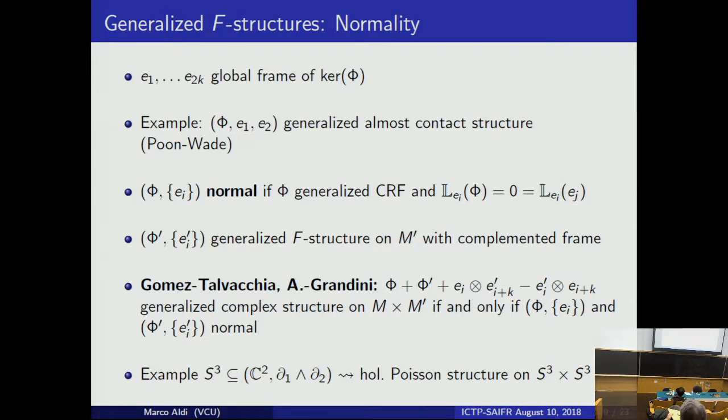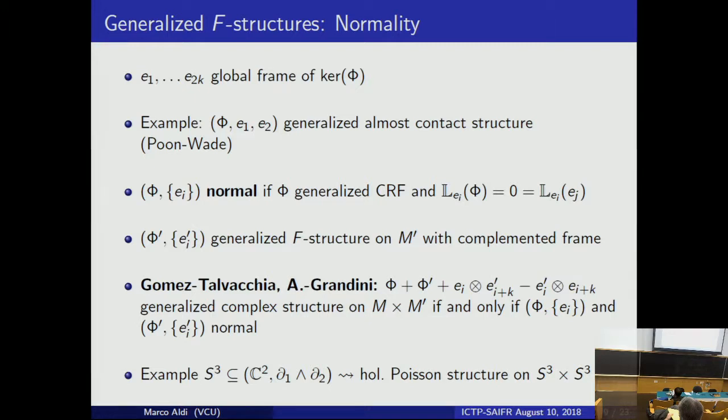You have lots of possible choices of how to add this piece, so that gives you families of examples, and the dimension of the family depends on how big the kernel was.